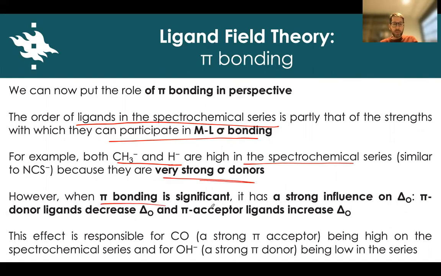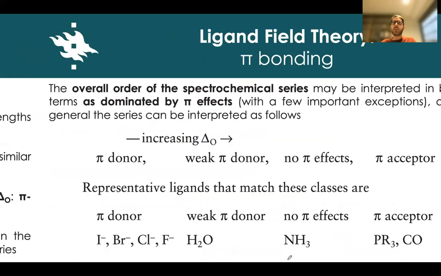However, when pi bonding is significant, it has a strong influence on the ligand field splitting parameter. Pi donor ligands decrease the ligand field splitting parameter, and pi acceptor ligands increase it. This is the effect responsible for carbon monoxide, a strong pi acceptor, being high in the spectrochemical series, and OH minus, a strong pi donor, being low in the series.